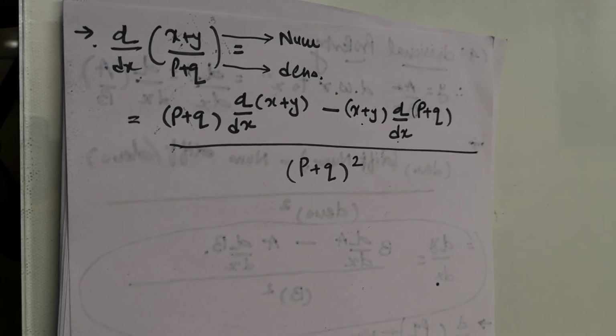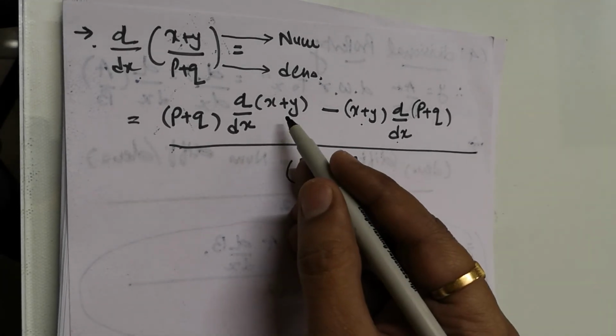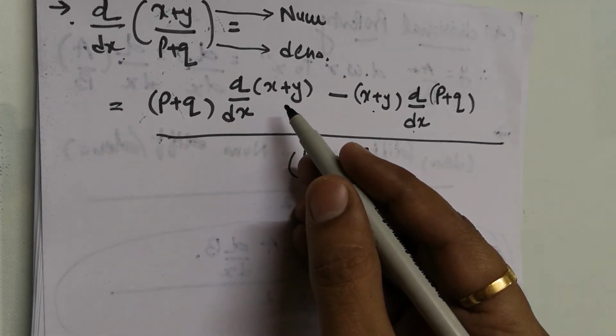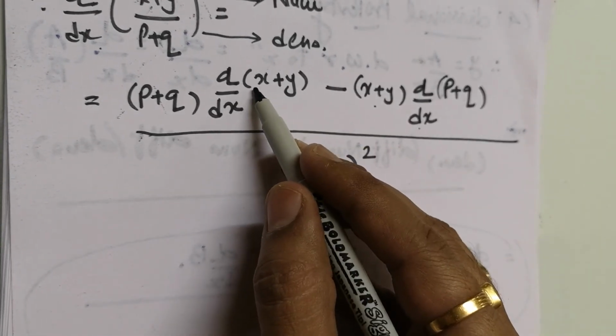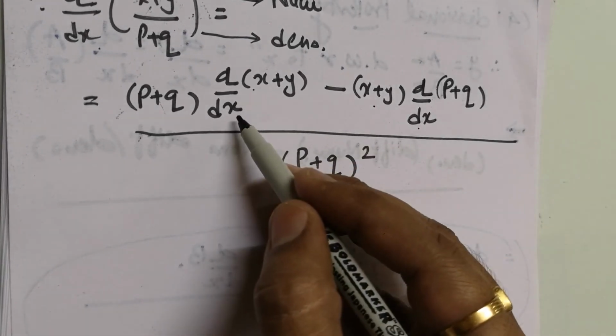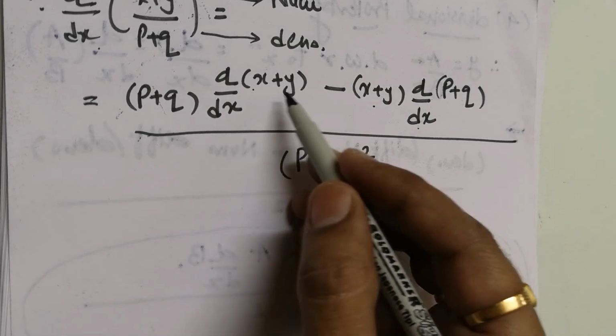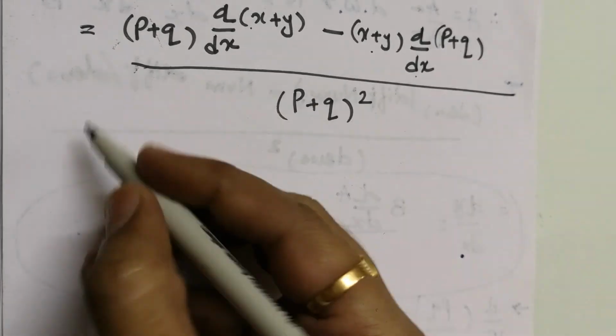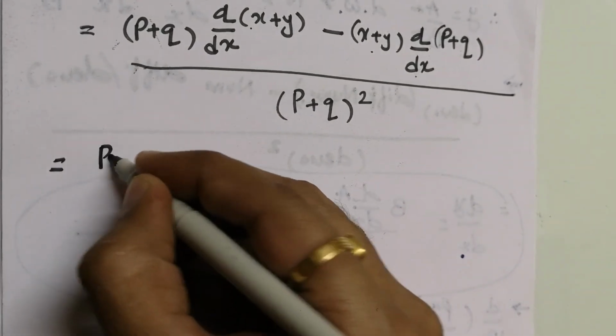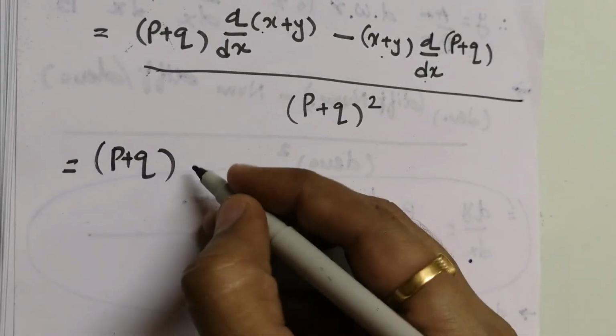Now you can see that it is x plus y, and x plus y is quite unsafe for us because as per our rule it is read as x plus y differentiated with respect to x, but direct differentiation is not possible. So gradually I am applying this independently, p plus q.